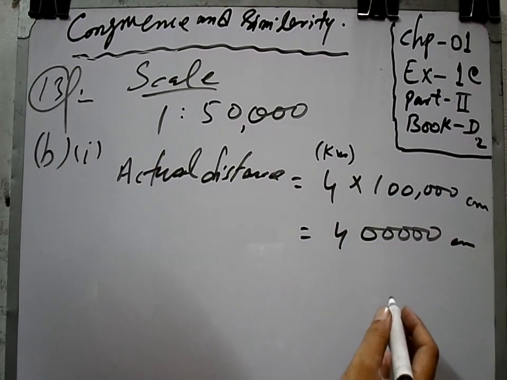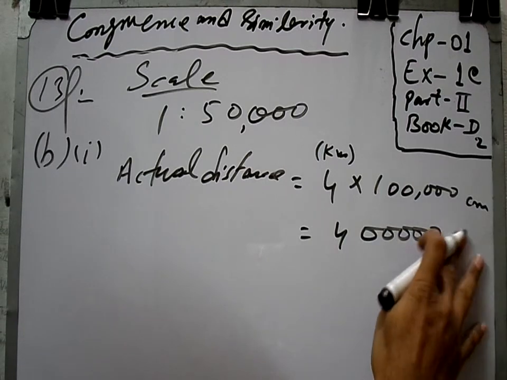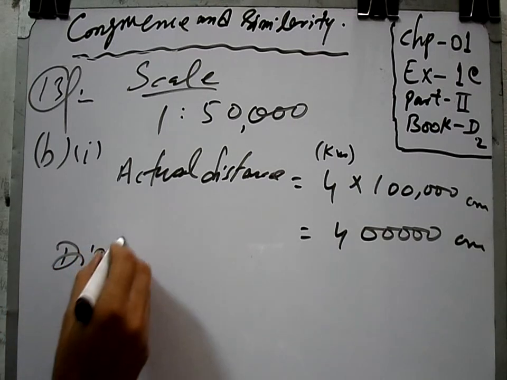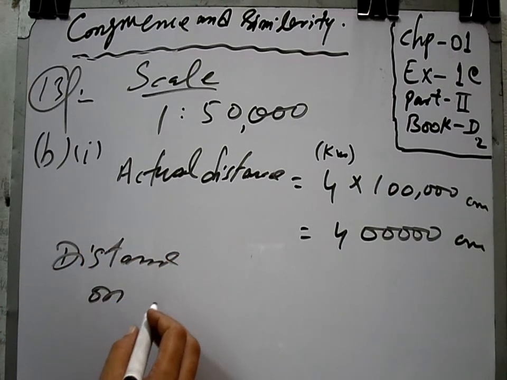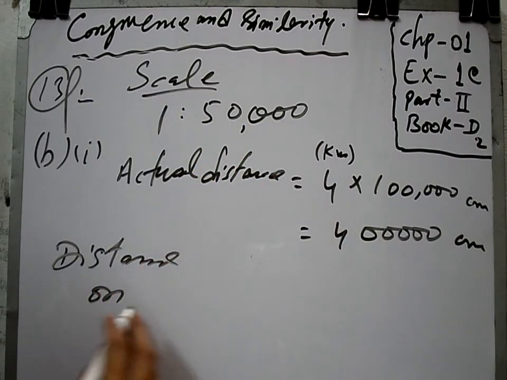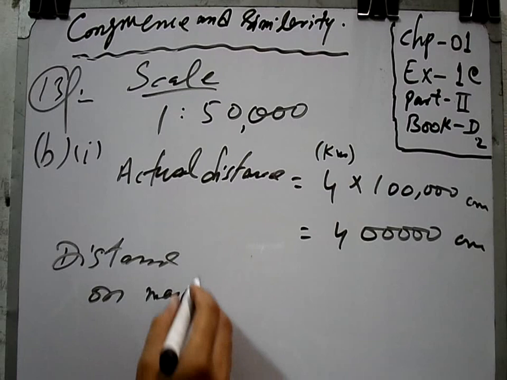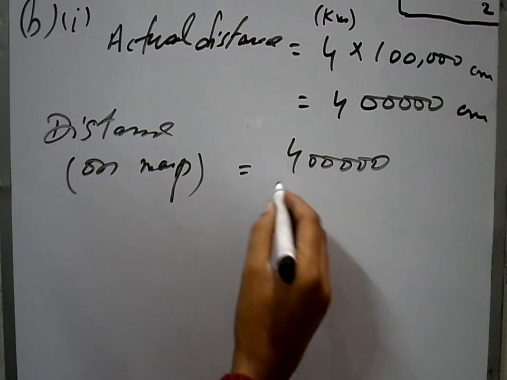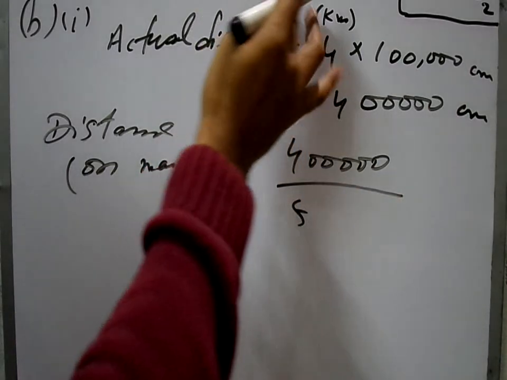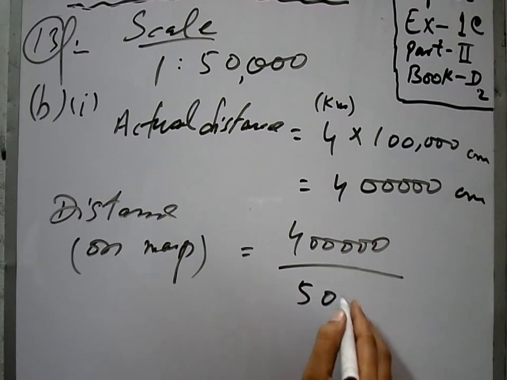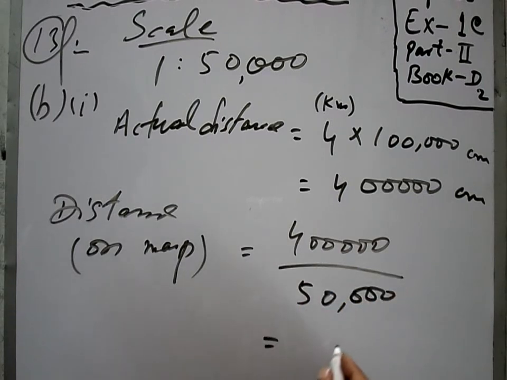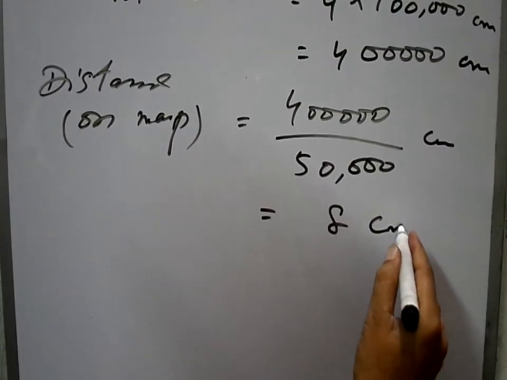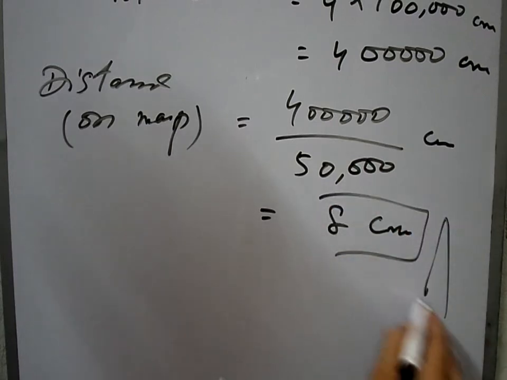So distance on map, because we have to do reverse process of question number 1, on map it will be equal to 400,000 divided by the scale 50,000. So after cancellation you will get 8 centimeters. So 8 centimeter is your required answer.